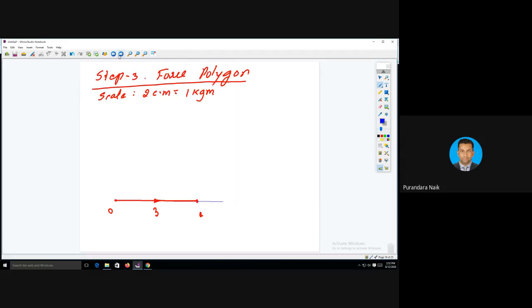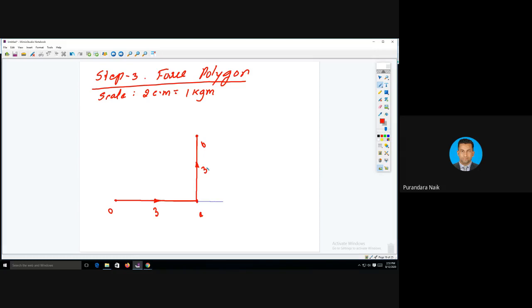With 2 to 1 scale, that is 6 centimeter along the vertical direction. So this point is point B, and we have a direction like this. The magnitude is 3.